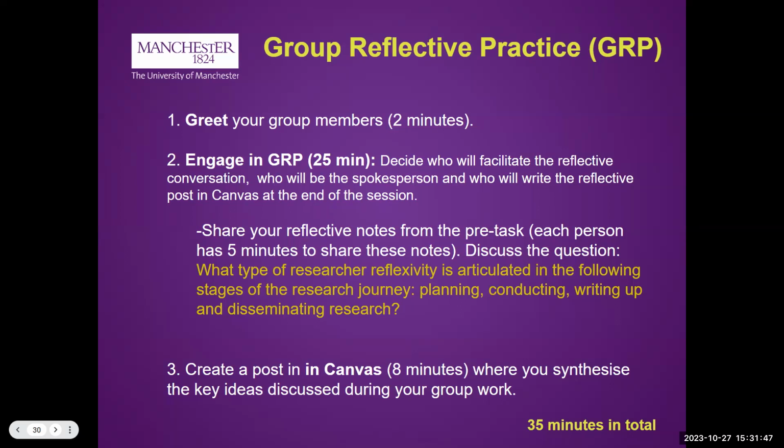We've looked at the stages as an overview, but I want you to go deeper. So what kind of things, assumptions, and beliefs do you need to be exploring in the stages that we have looked at in this presentation? For that, we have 35 minutes, and then I will ask you to put your responses in Canvas.